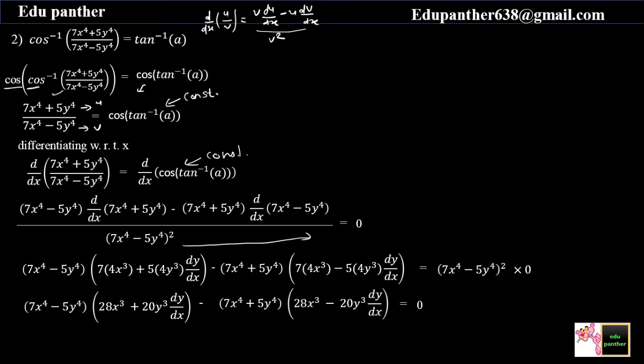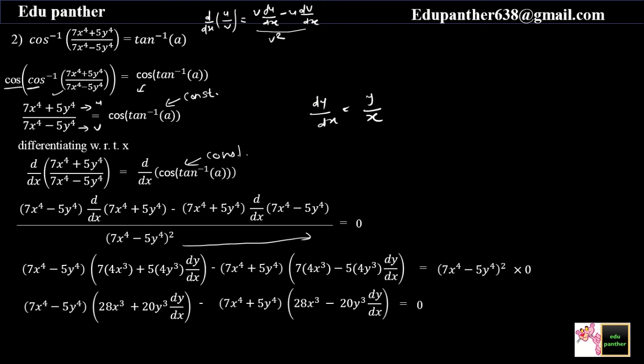It is 0 now. Next we have to prove that dy by dx is equals to y by x. That means we have to find the value of dy by dx. So for that, what is our procedure? Keep all the terms of dy by dx on left hand side and remaining term on the right hand side.